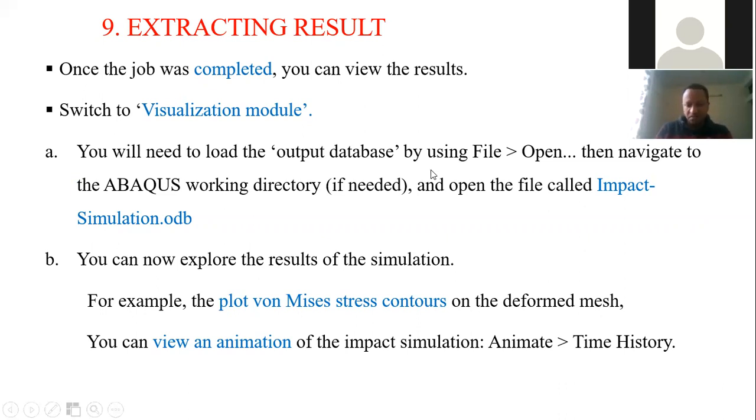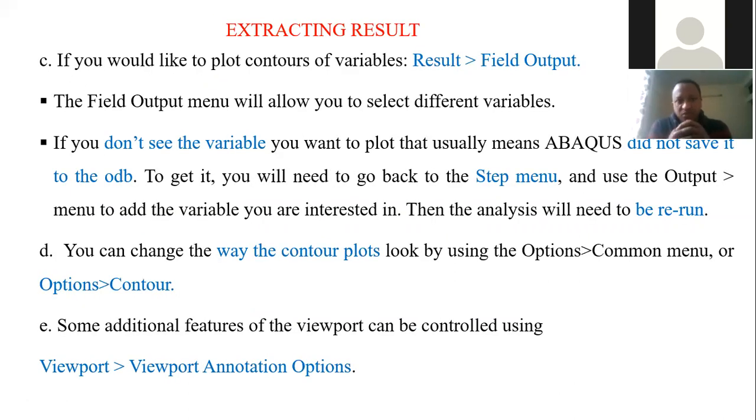If you would like to plot contours of variables, you can go to result, field output. The field output menu will allow you to select different variables. If you don't see the variables you want to plot, it usually means Abacus didn't save them. That means in the step menu, we didn't select the proper variables, so Abacus will not generate them.